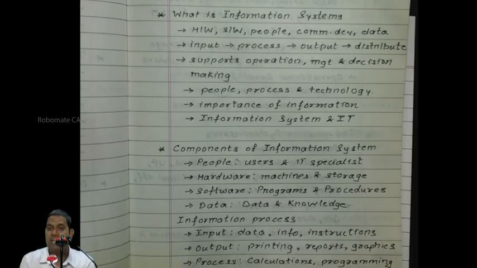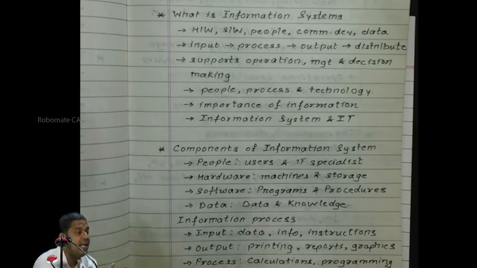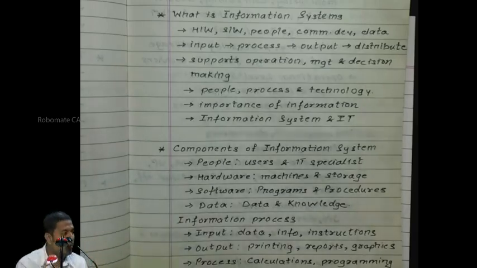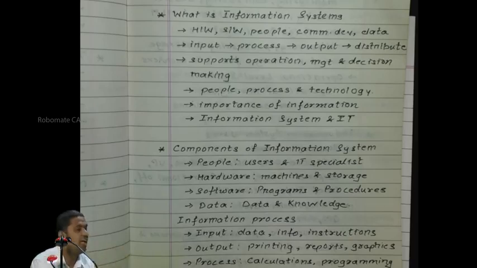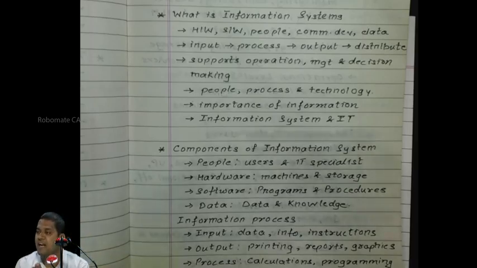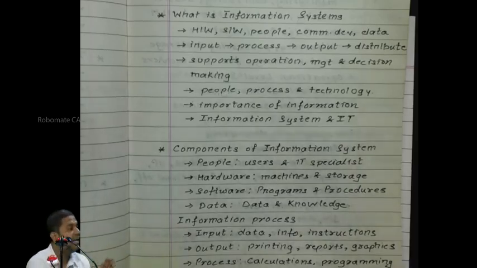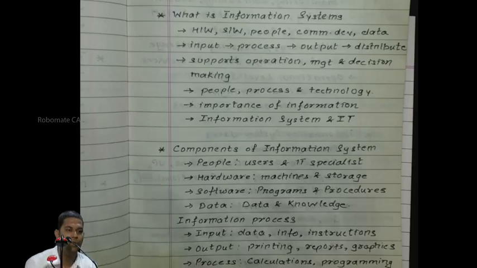Now there are some people who are converting the data into information, and these people are called IT specialists. So IT specialists are technically sound people who are associated with the system, who take care of the system, who maintain the system, and who see to it that the system is functioning appropriately, in the way it is intended to, and giving the right information to those people who need it.